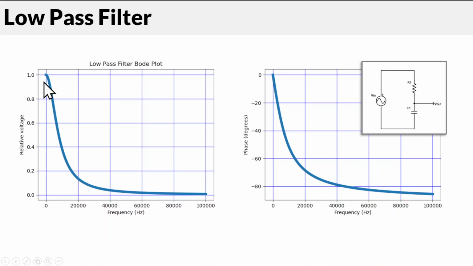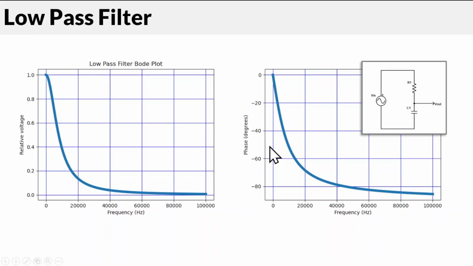So this is output voltage divided by input voltage, and you can see that it drops off really, really quickly. The frequency is here increasing from 0 up to 100,000 hertz. In that same range, the phase drops from 0 degrees down to close to minus 90 degrees.